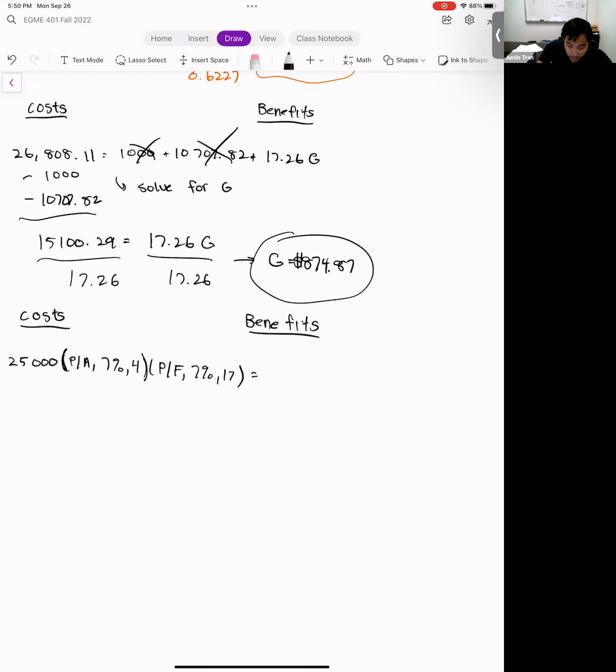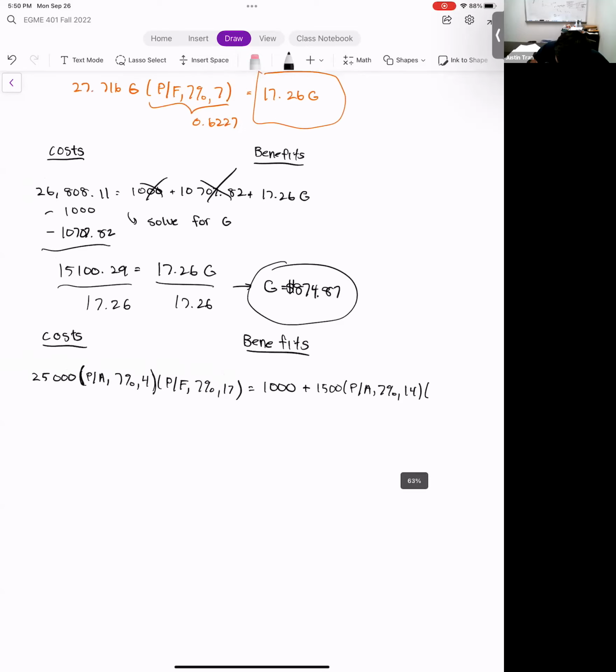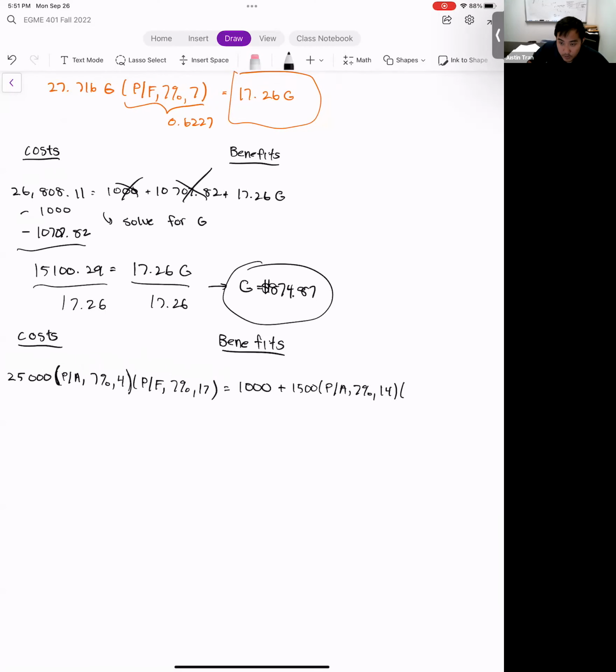Okay, now we have the benefits, and so on the benefit side we have 1,000. Okay. So that's the same as before, and so there's no converting on that one. Okay, then we had 1,500. This was a non-standard conversion, so this is P over A, 7%, 14. Okay, then we have another conversion here as we move this back to present day.